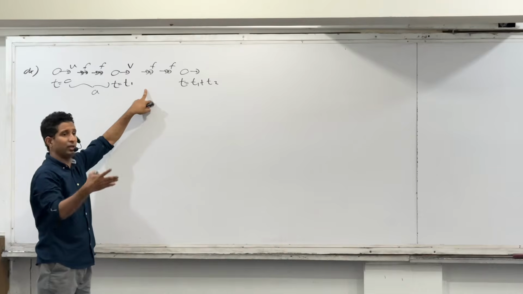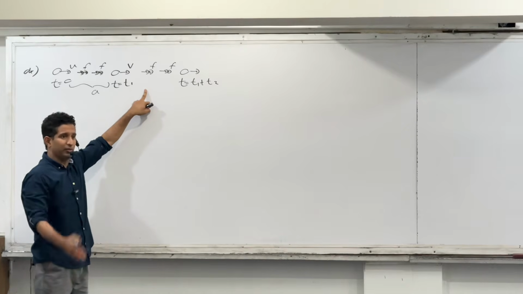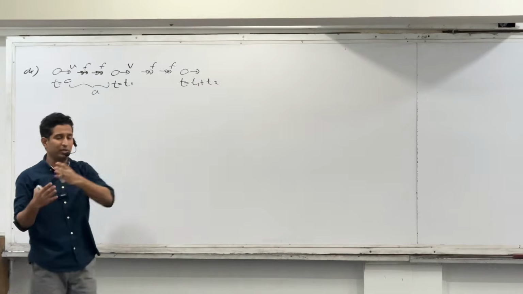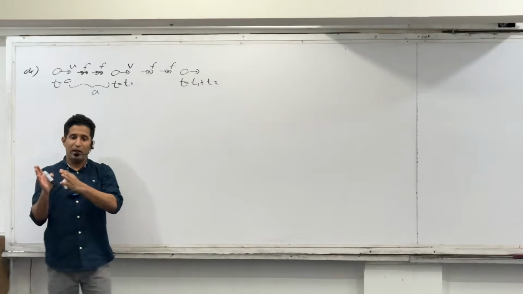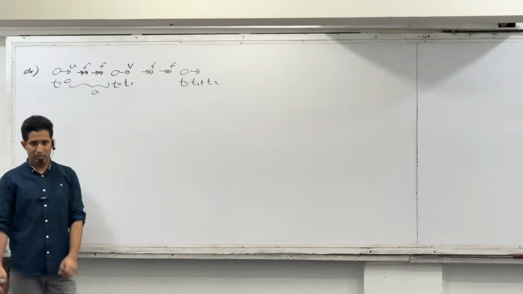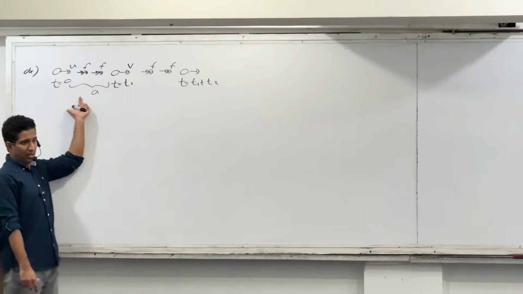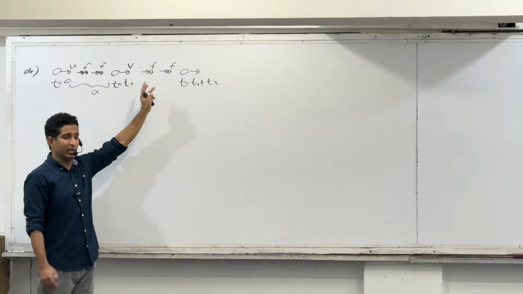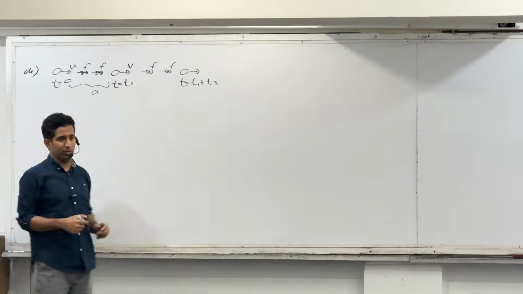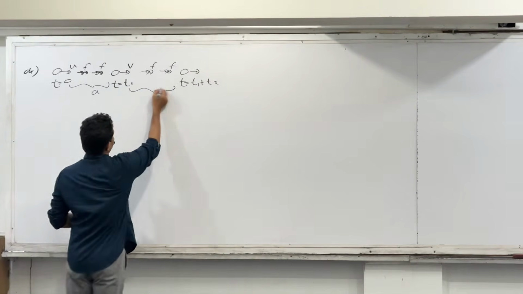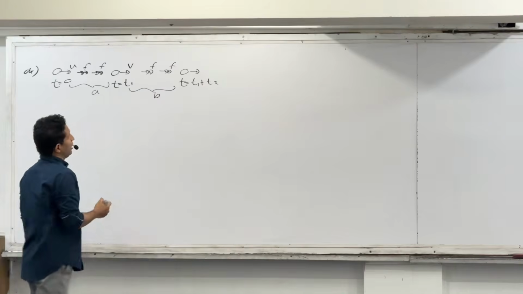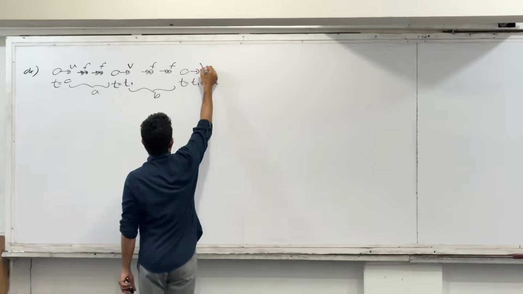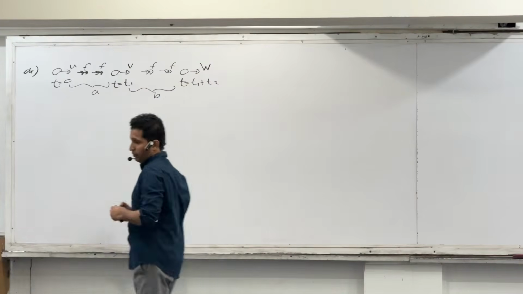Like within the first hour, 20 kilometers, within the next 2 hours, like that. Therefore, from the beginning, the time is t1 plus t2. Now the displacement in this part is b. I will take the velocity of the object at this time as w.